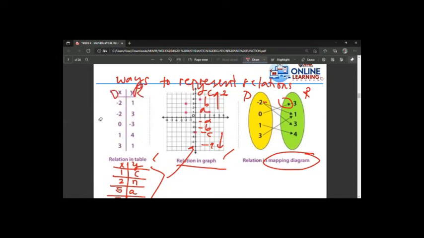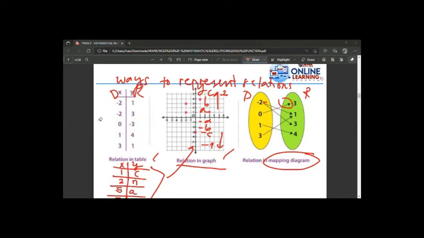So from the information that we have discussed previously, is this relation a function or not? Sige nga. Okay. I have a question to the class.